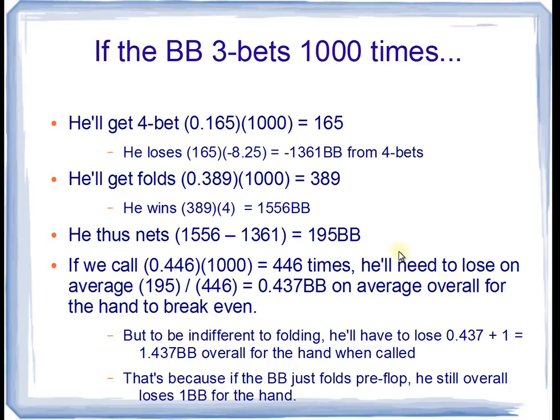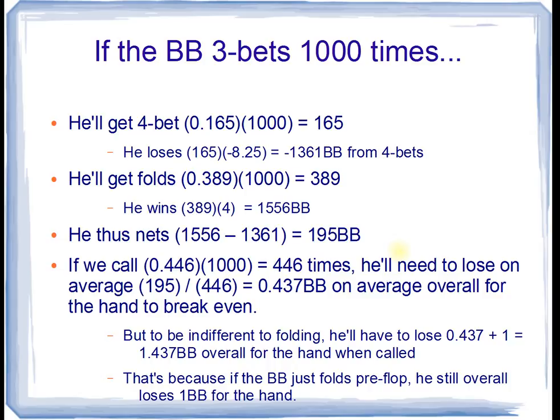So I messed up the first time I did this, and I had to go correct the slides, and I'm going to have to tweak math after this for the next video. When the big blind folds pre-flop, he overall, of course, loses 1 big blind for the hand. So you have to take that into account when trying to make the big blind indifferent to 3-betting or folding pre-flop. I know this sounds really easy right now as you're looking at the video, but it's really easy to make a quick mistake when you're actually doing the math.